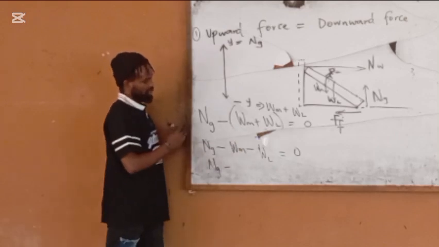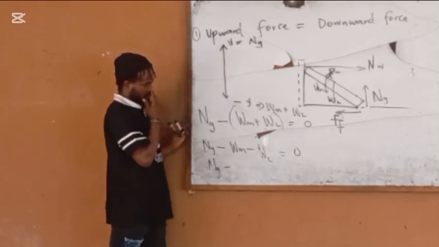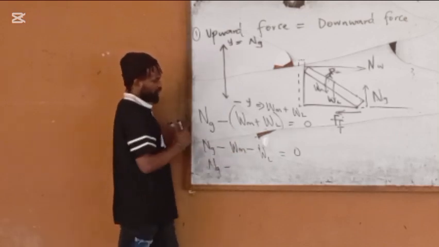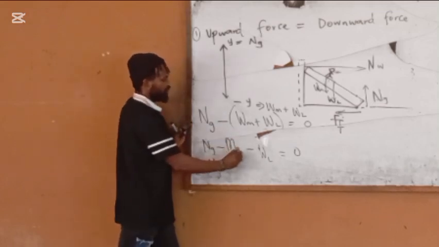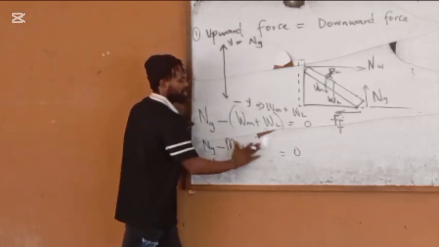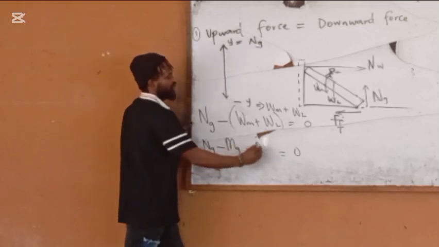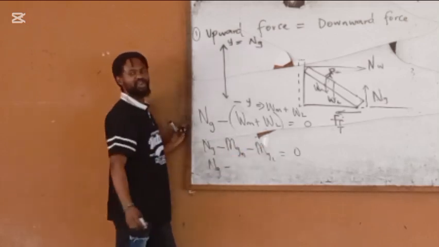But see something: this is the weight of the man, which is mg of the man, and this is the weight of the ladder, mg of the ladder. Are you confused?